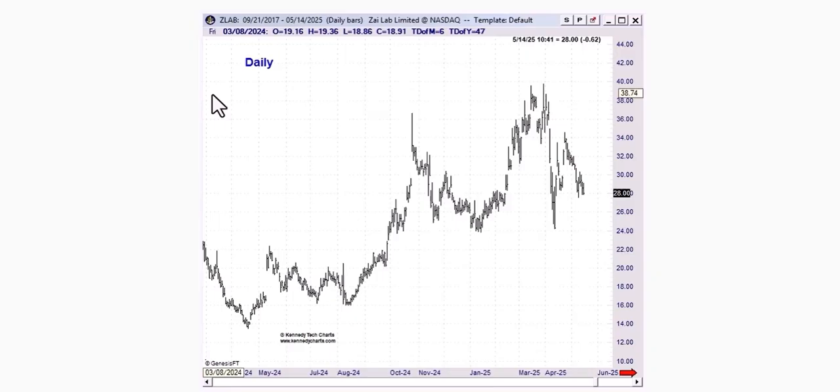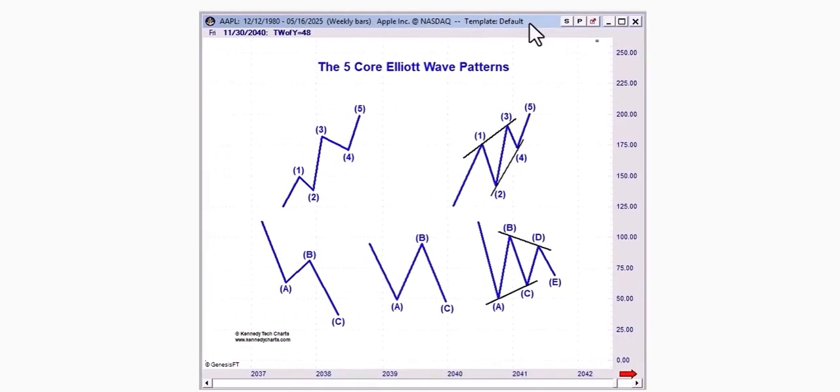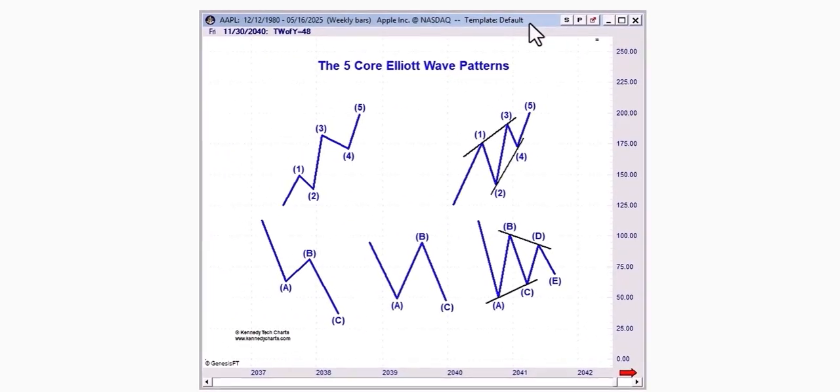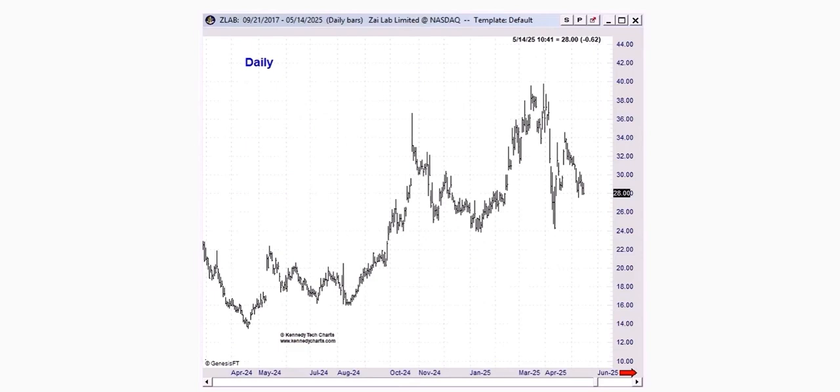And one of the things I found very challenging when I first was learning the wave principle, probably 30 years ago, was that it was very easy to discern an Elliott wave pattern if I was looking at, say, line diagrams. Very clear, very easy to identify. But when I made the transition from line diagrams to an open, high, low, close price chart such as this, initially it was very challenging.